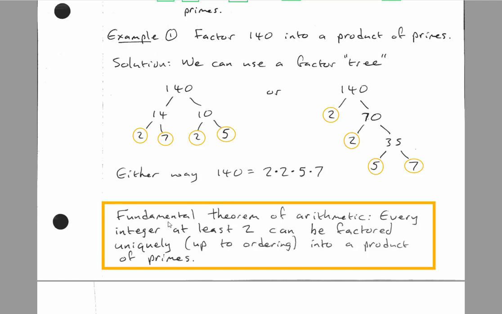It's certainly fundamental. That's why primes are important, so that you can break down any number into simpler pieces, and these primes are the simplest possible pieces. You could write 140 as 4 times 5 times 7, but 4 is not prime, so we want the prime factorization.